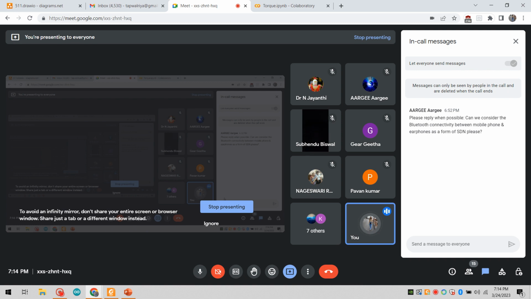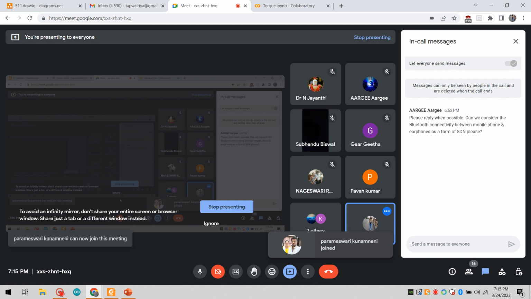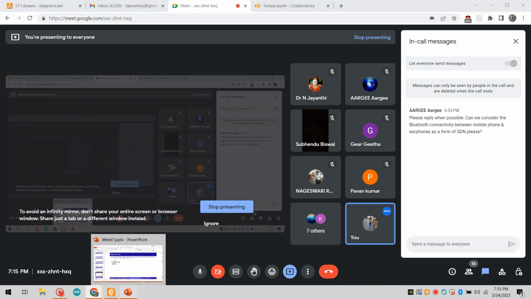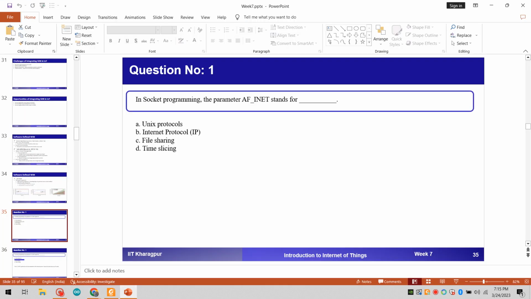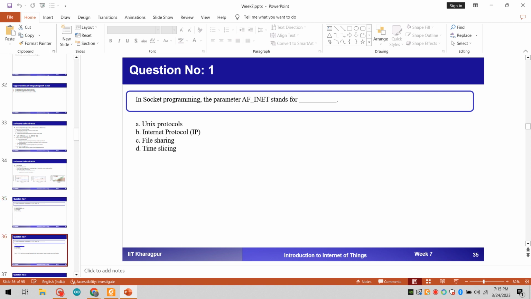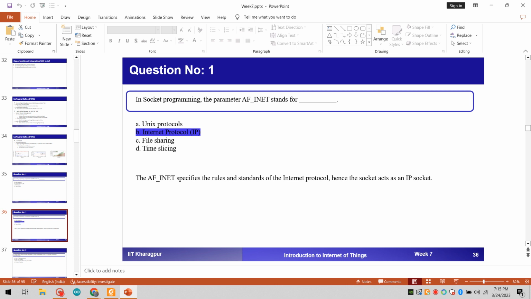I'm checking the chat box also. This is a topic we have covered today and in the previous lecture also. So in socket programming, the parameter AF_INET stands for Internet Protocol. So B is the correct option.